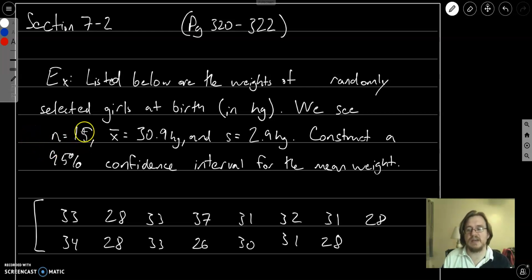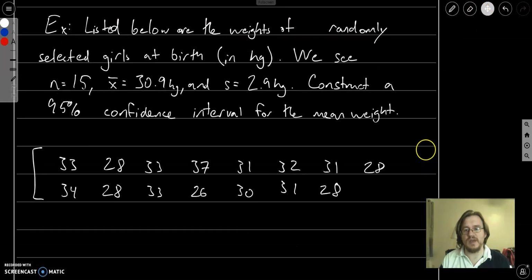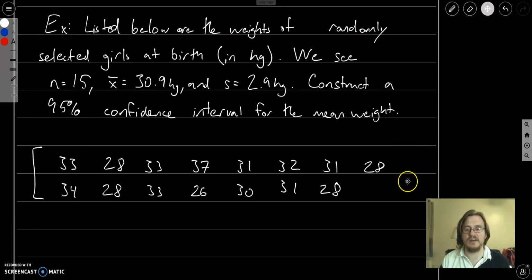There are two requirements. Either the sample size is greater than 30, or the population itself must be normally distributed. So we will simply have to assume that the population, that is weights of girls at birth, is normally distributed. Once we assume that, we can essentially carry on.